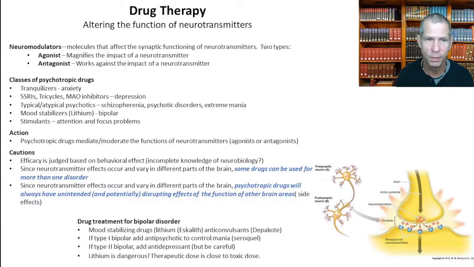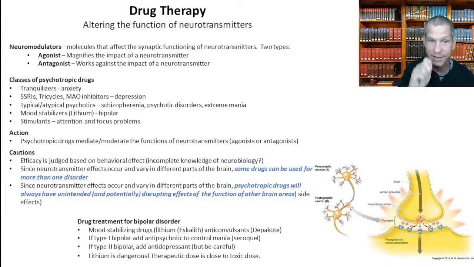Any questions so far? And remember, these psychotropic drugs are either agonists or antagonists of the functions of neurotransmitters. Now, efficacy is judged based on behavioral effects. They really don't know what's going on physiologically when they give you this drug.